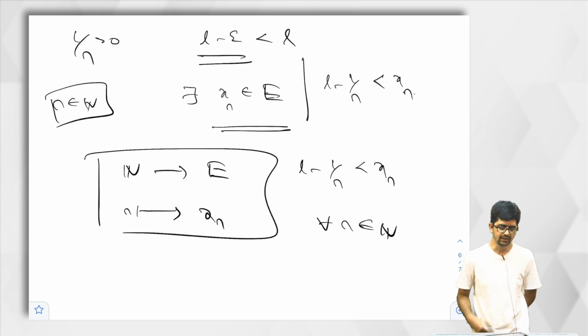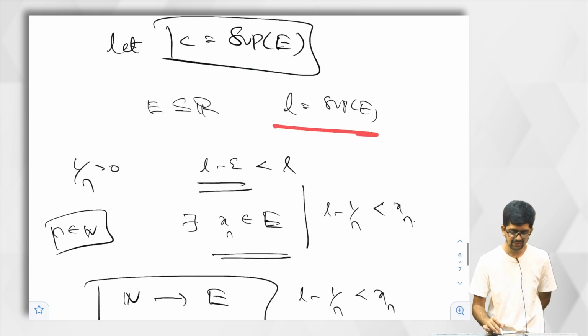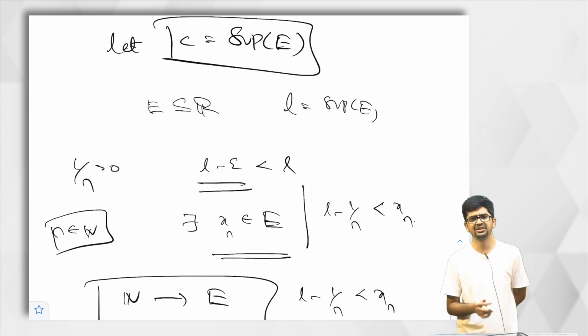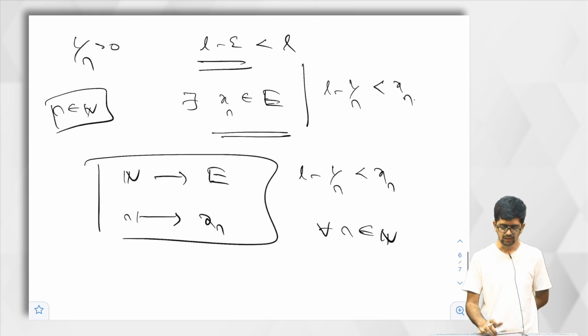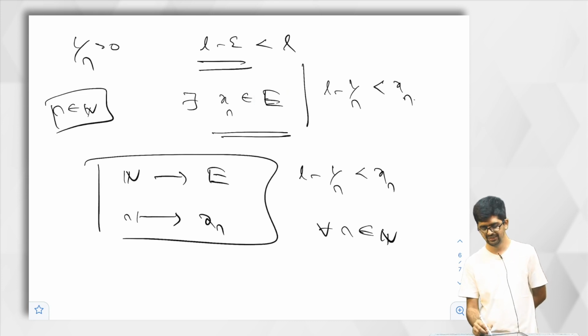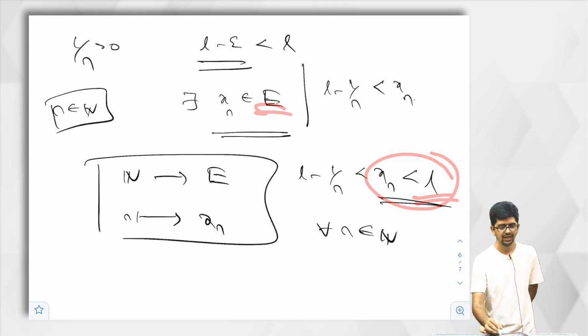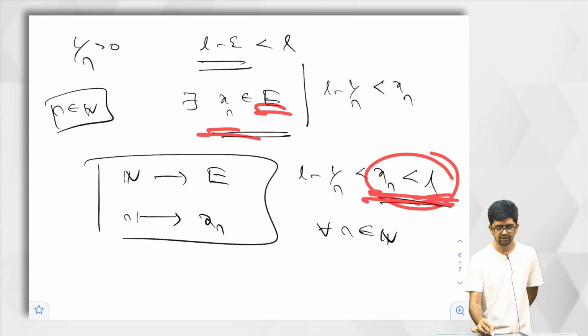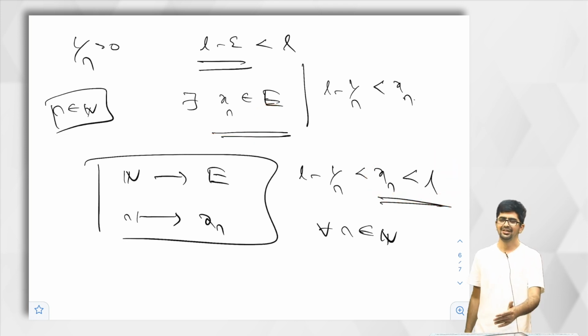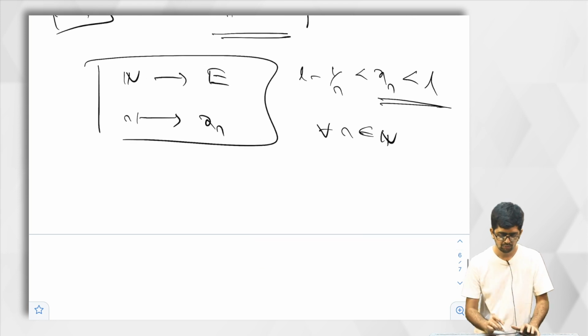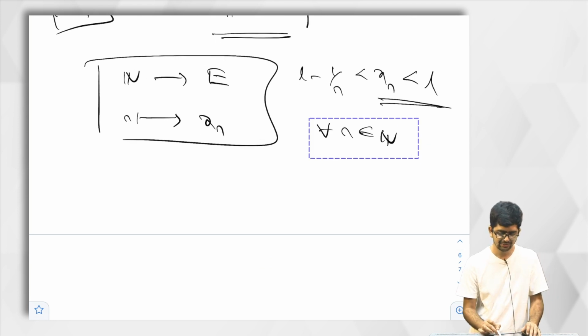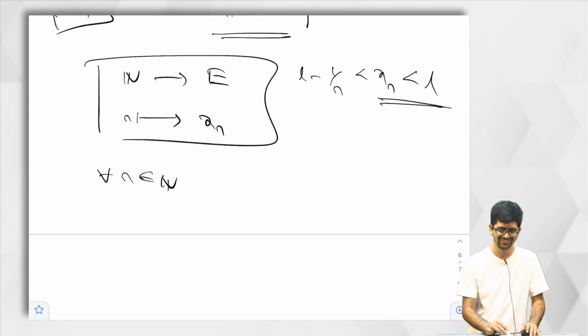Now observe the following: this element L is the supremum of E, which means it is an upper bound at least. x_n being an element of E should satisfy this condition. This is true because L is an upper bound of E and x_n is an element of E, so x_n is less than or equal to L for every n belonging to N. Now what? Again the same squeezing theorem.